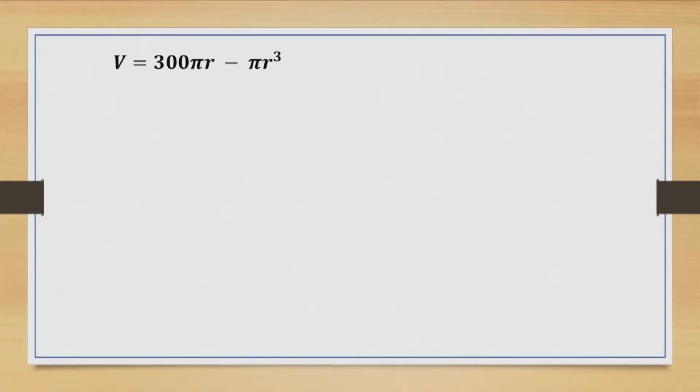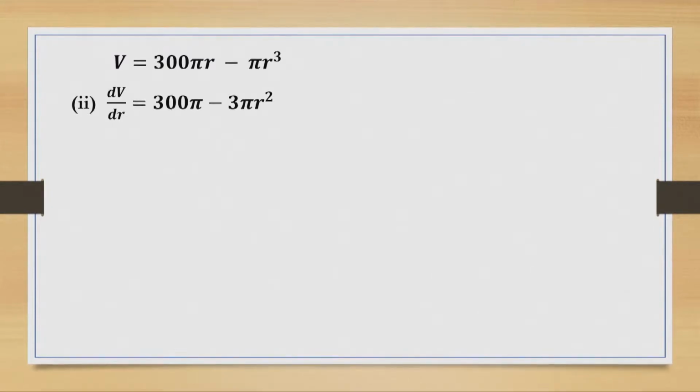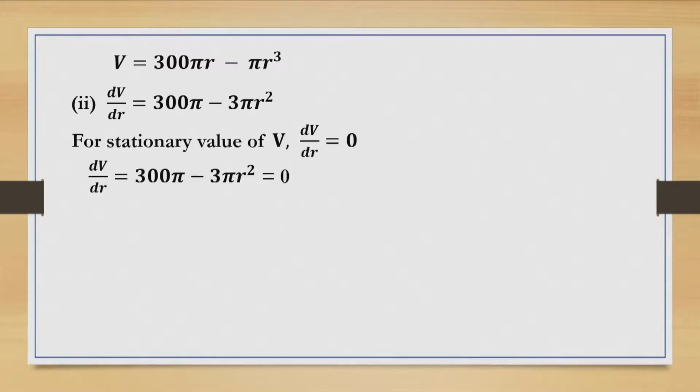Now the second part. So using V equal to 300 pi r minus pi r cube, I need to find dv by dr. So I differentiate v. I obtain 300 pi minus 3 pi r square. Now for the stationary value of v, dv by dr will be equal to 0. So I equate this expression to 0. And I need to solve for r.